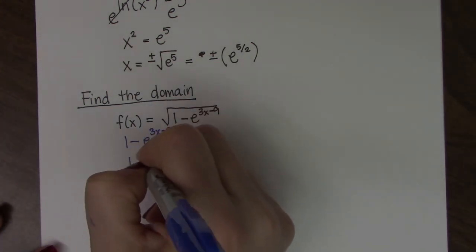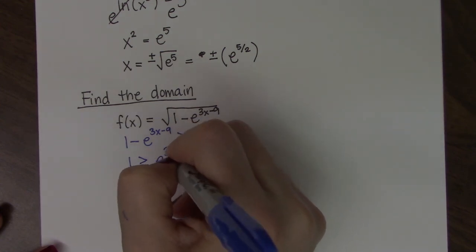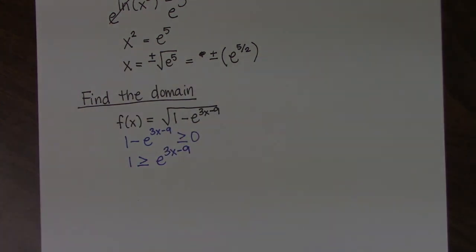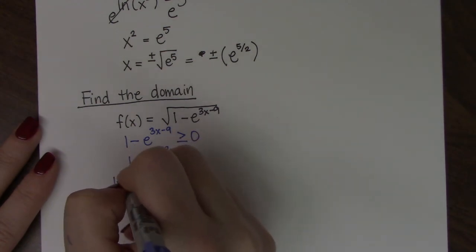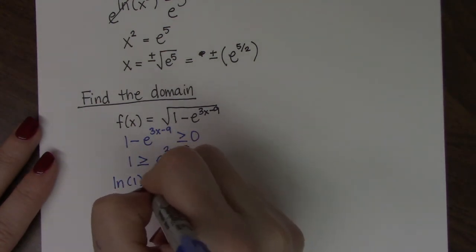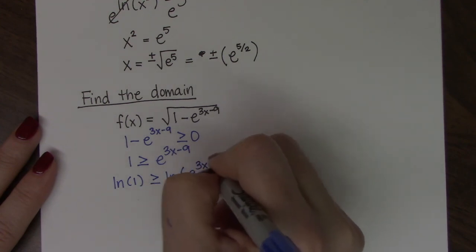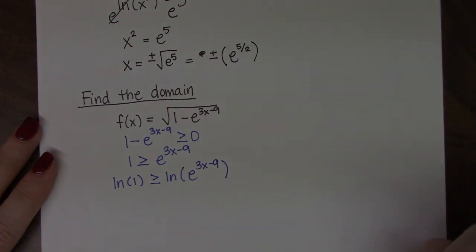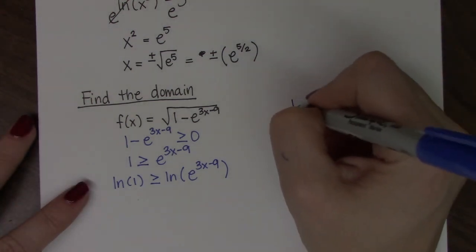So 1 is greater than or equal to e to the 3x minus 9. The only way to get that x out of the exponent is to take the natural log of both sides. So the natural log of 1 has to be greater than or equal to the natural log of e to the 3x minus 9. So the natural log of 1 is going to be 0.